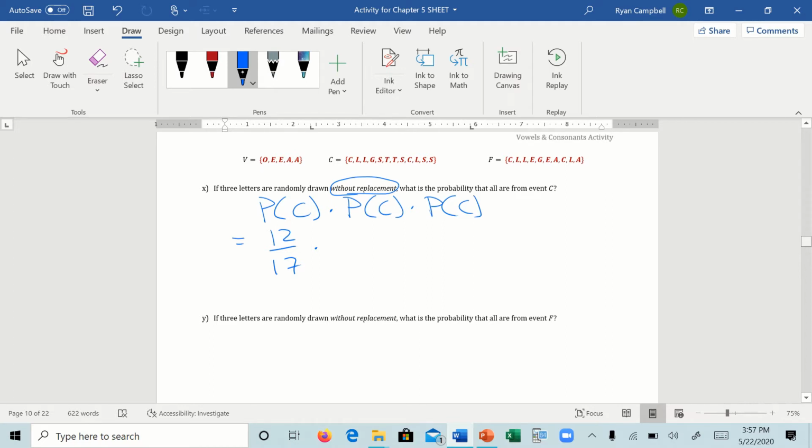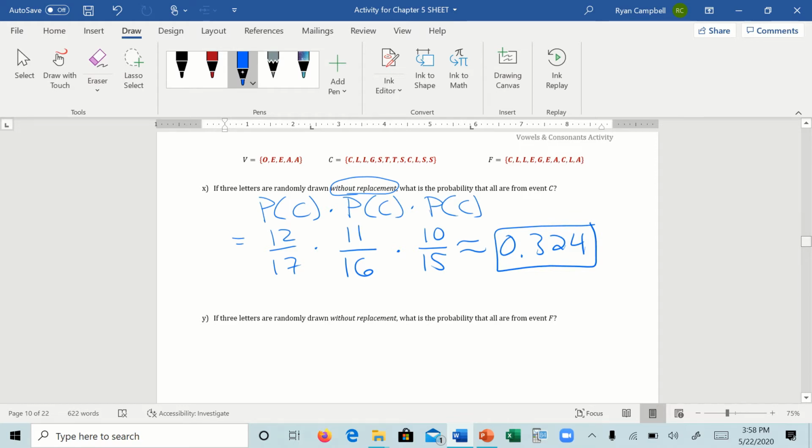Since we took one from the consonants, we have one less consonant. And since we took a letter, we have one less letter. And again, we still have one less, so that's one less C, one less letter in general. We multiply that together, we get 0.324 if we round.